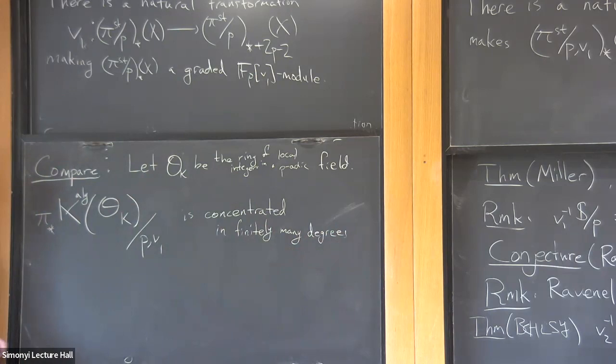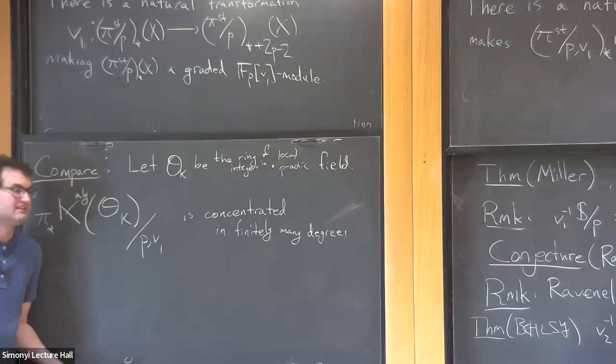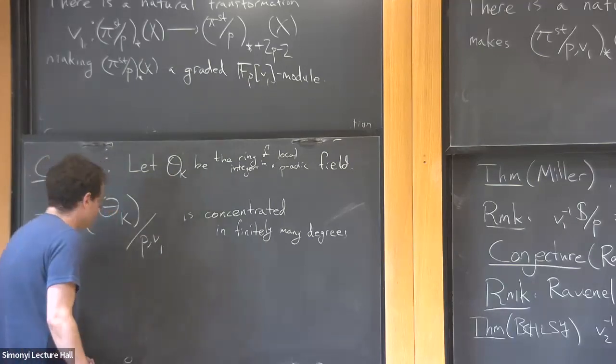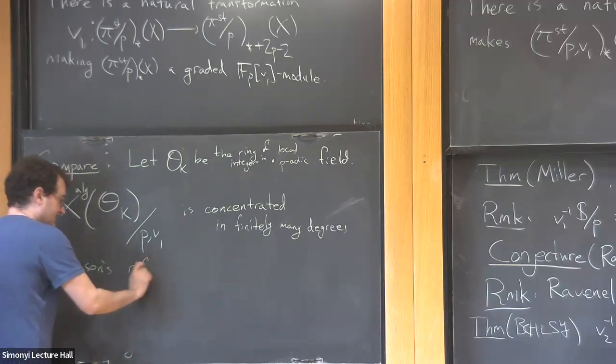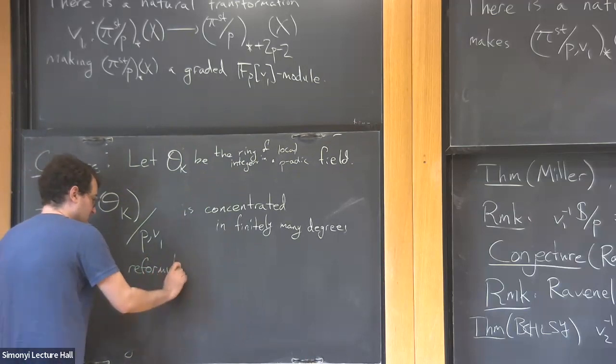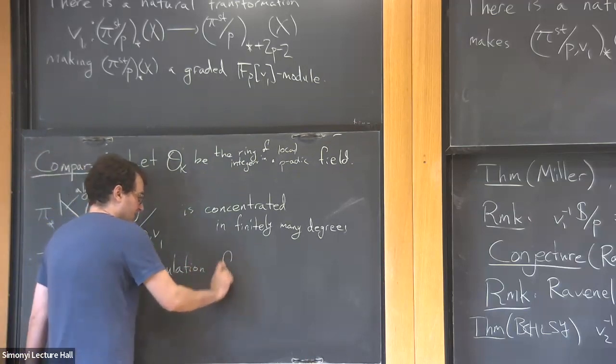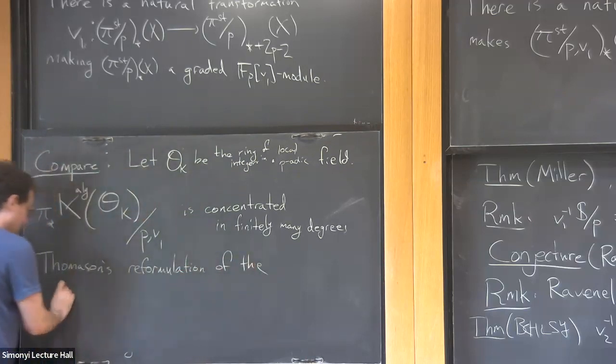So it's the same phenomenon, exactly. When you mod out by enough of these VIs, all of a sudden this thing has finitely many degrees of interest. This is Thomason's reformulation of the so-called Lichtenbaum-Quillen conjecture.